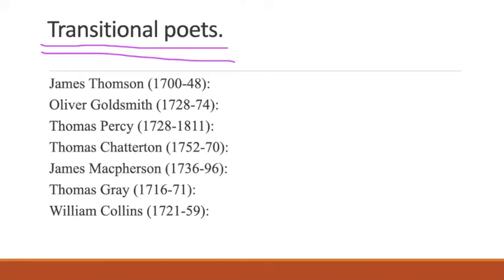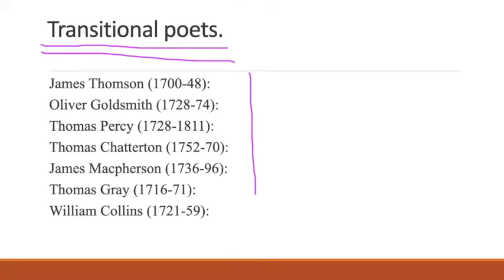But traditional poets were those in whose writings we have the blend of neoclassical traits and Romantic traits. Dr. Johnson called them Romantic snakes in classical grass. So these are the important poets: James Thomson, Oliver Goldsmith, Thomas Percy, Thomas Chatterton, James Macpherson, Thomas Gray, William Collins.